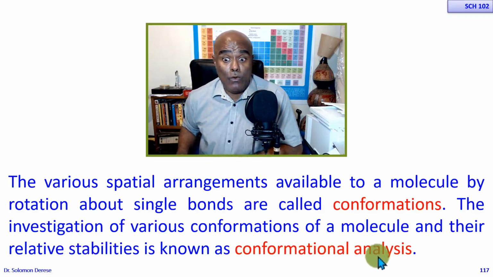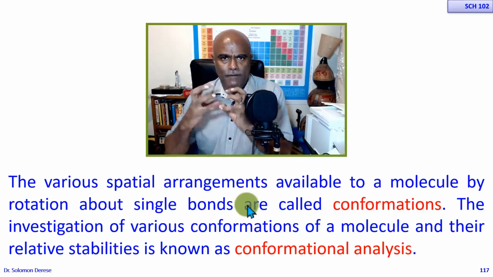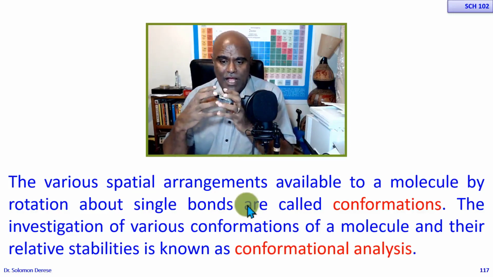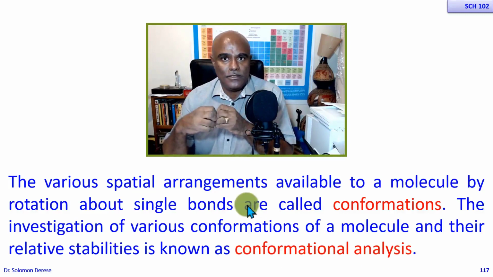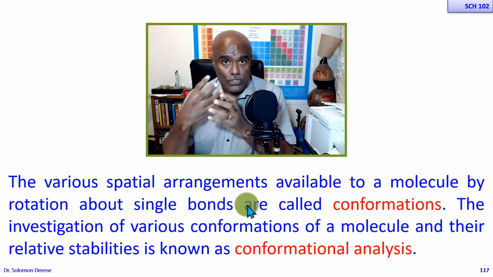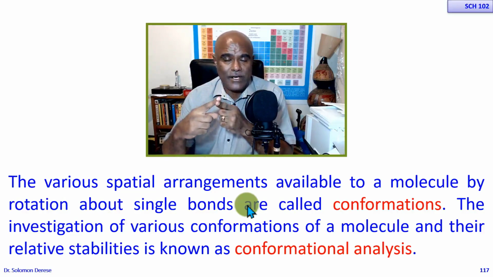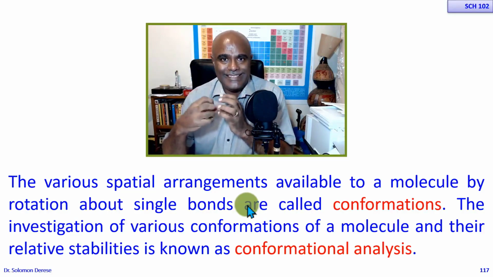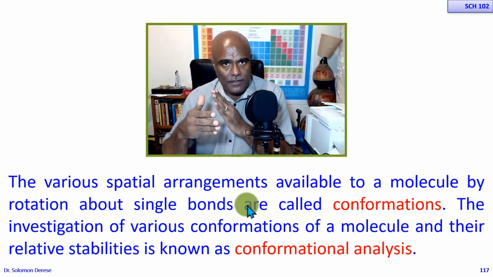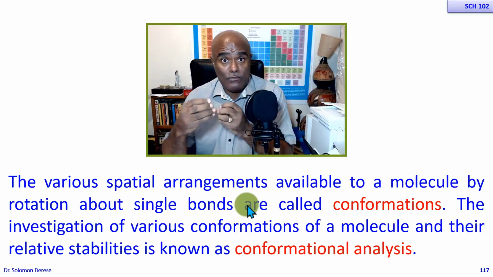So in conformational analysis, you determine the various conformations a molecule can adopt, and based on their angle strain, torsional strain, and steric strain, you determine the relative stabilities of the different conformers, so that you can determine which one is more stable and which one is less stable.